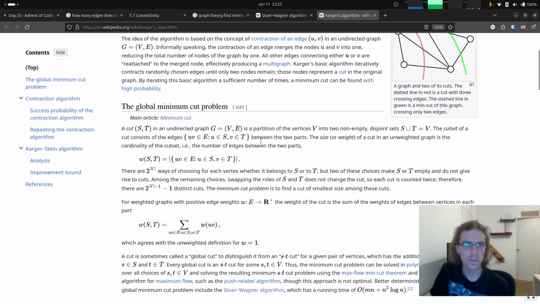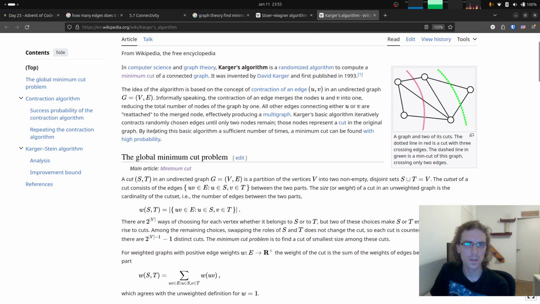The global minimum cut problem. ST, what is this thing? What I was reading: iteratively contracts randomly chosen edges until only 2 nodes remain.